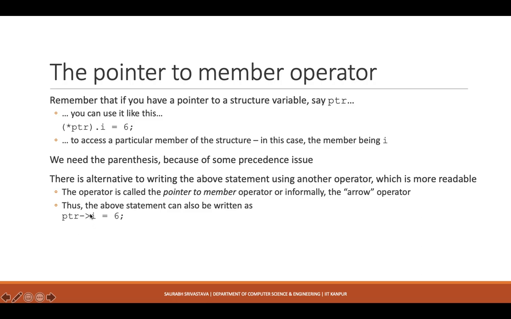This is not really one symbol; it is the minus symbol and the greater than symbol, but if you put them together without a space between them, they are considered to be one operator, the arrow operator. So essentially these two statements are equivalent to each other. You can see that now I don't need the asterisk here, and I don't need the parentheses here. Basically this is merging two different operators into one, right?